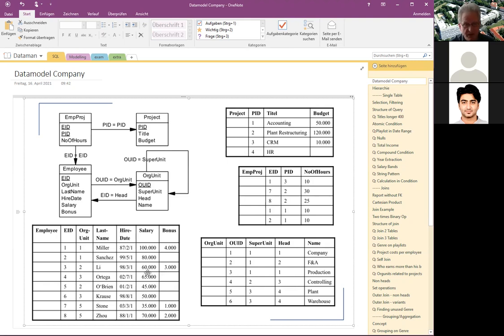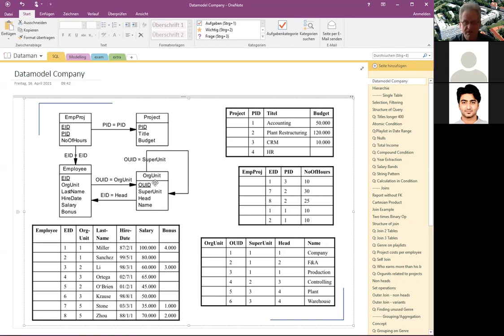And this arrow here, pointing from employee to org unit, could be regarded as works in, or is related to, or as part of. So an employee is related to one org unit via that foreign key.